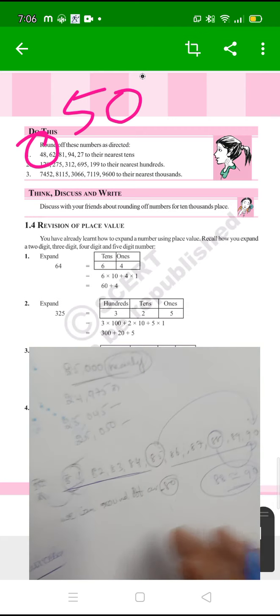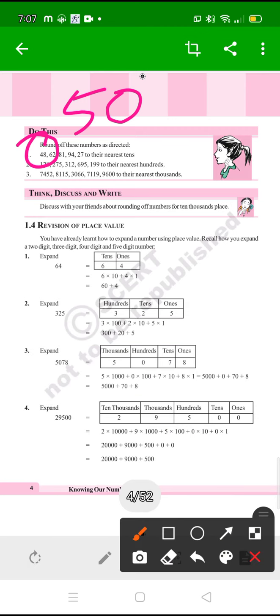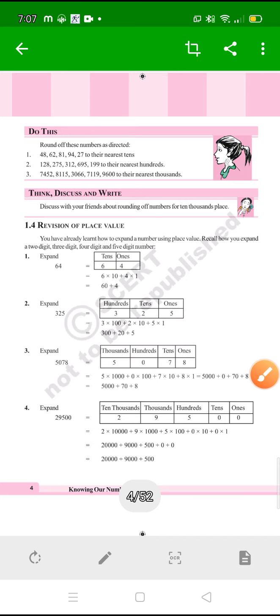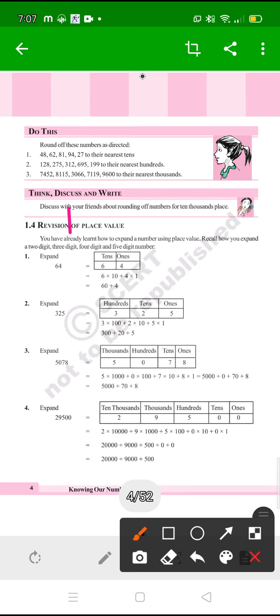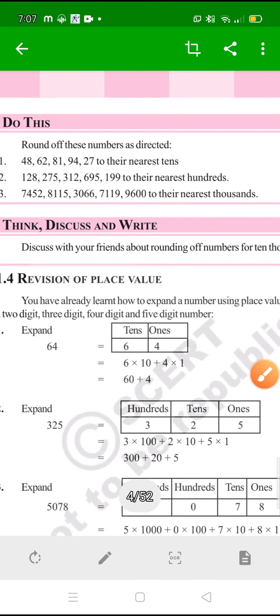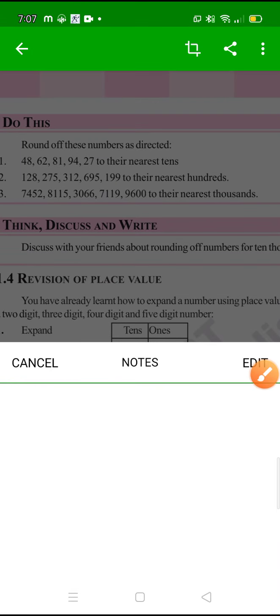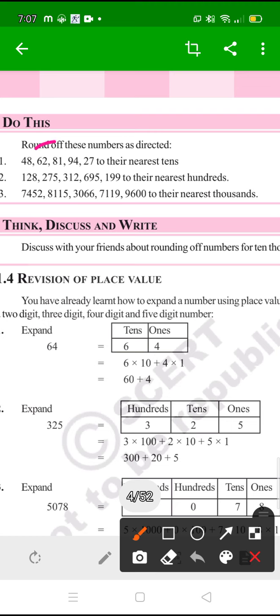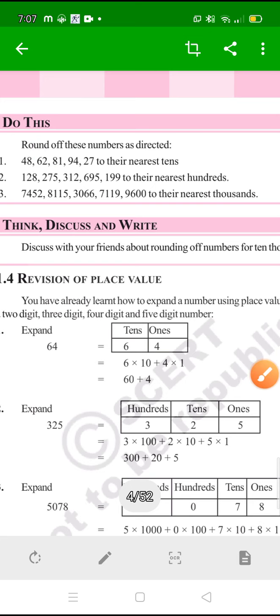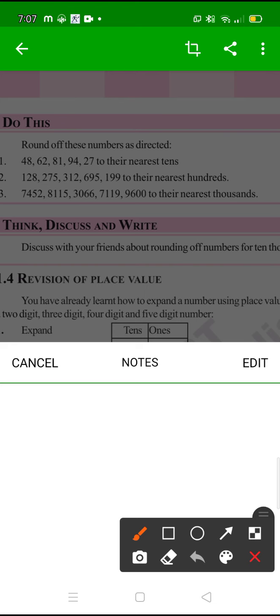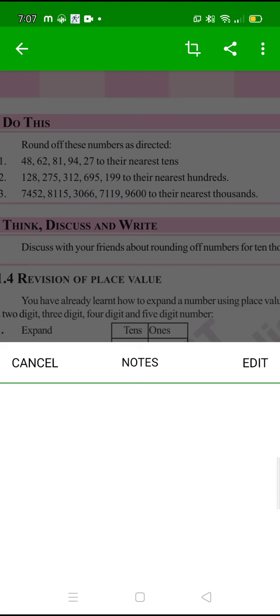See here, the numbers are 48, 62, 81, 44. 62 is rounded off to 60 because it is nearer to 60.